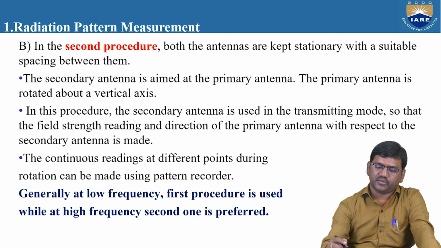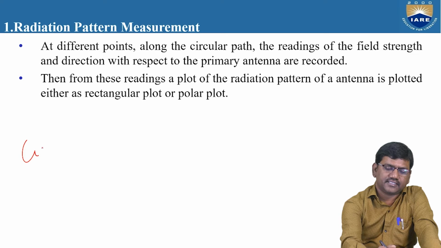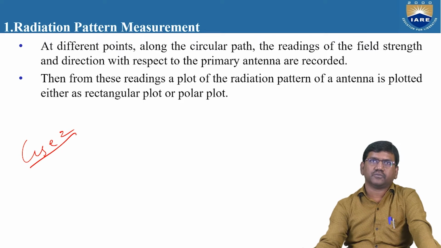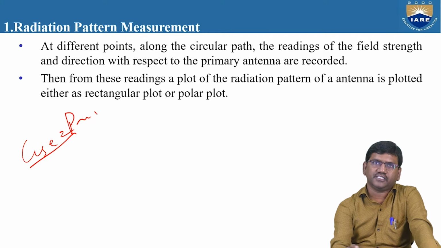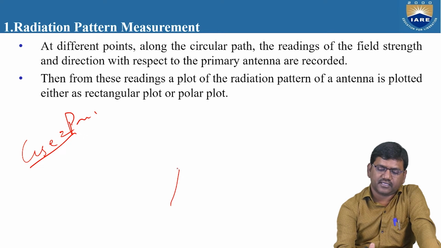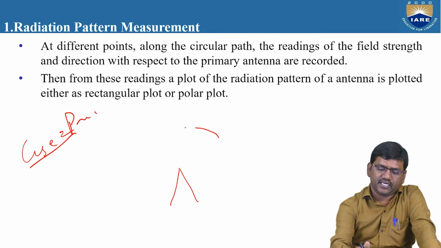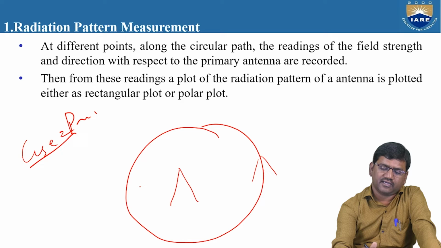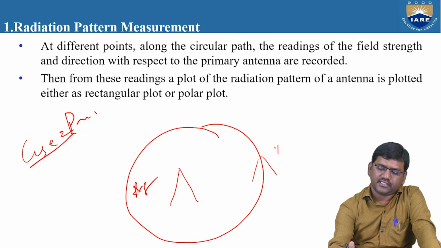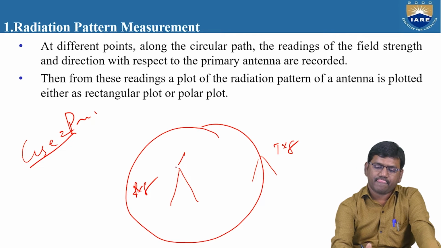So let us say, in the second case, or the second procedure, what we need to do is place a receiving antenna exactly at the center, and here on the observation circle, this is the receiving antenna, and this is the transmitting antenna placed on the observation circle.